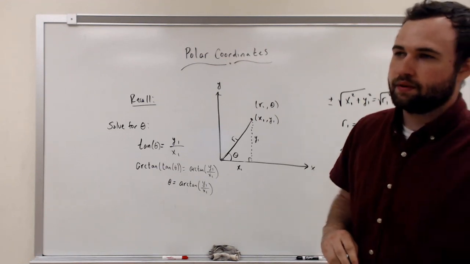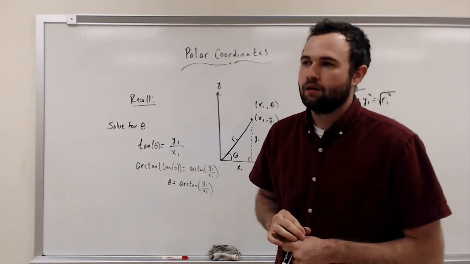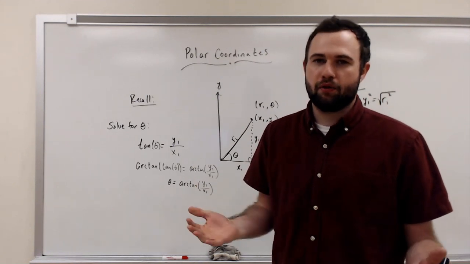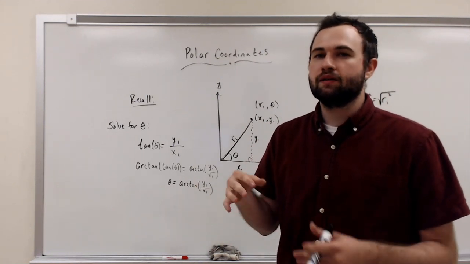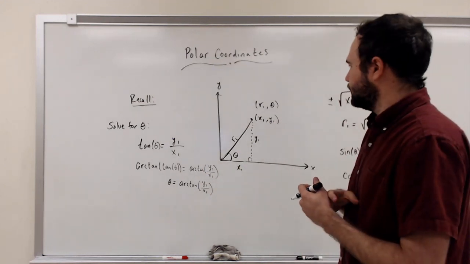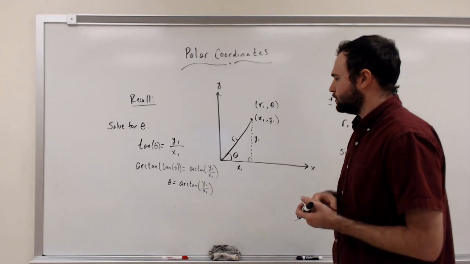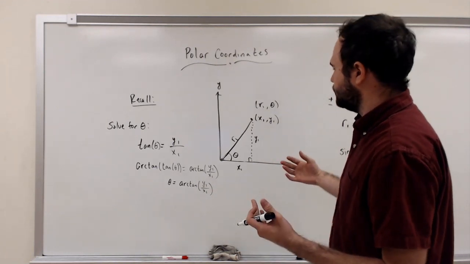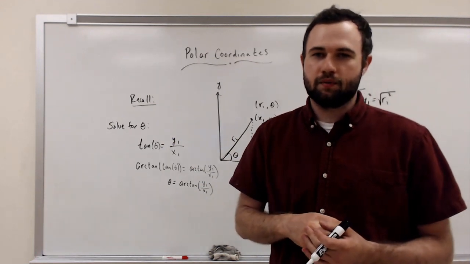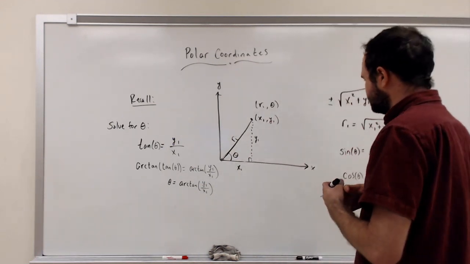If you remember, some of the times you'll be solving an equation and you'll end up with two possible thetas, and then you have to look at what scenario is going on, right? Like, where does the point live? Here in this case, we're talking about the first quadrant, so we're going to ask what theta makes sense for being in the first quadrant. Again, we'll look at examples about that in just a second.